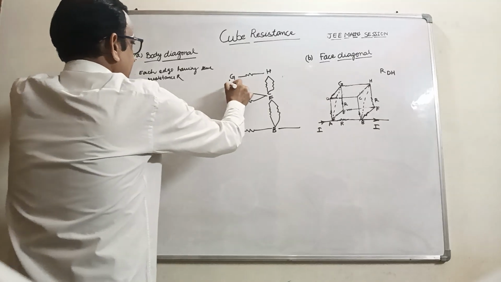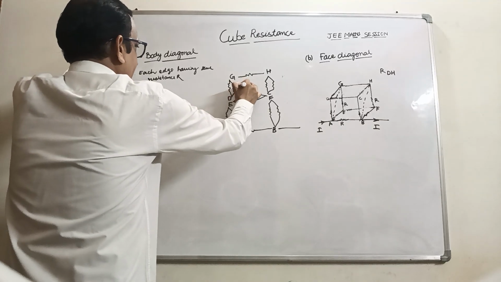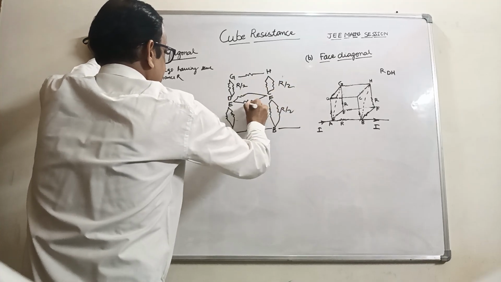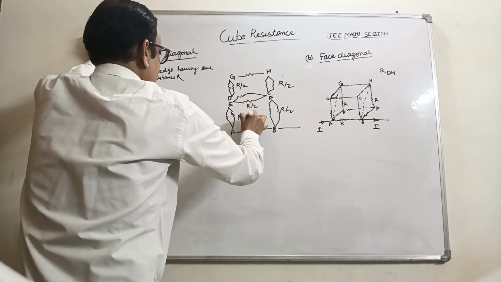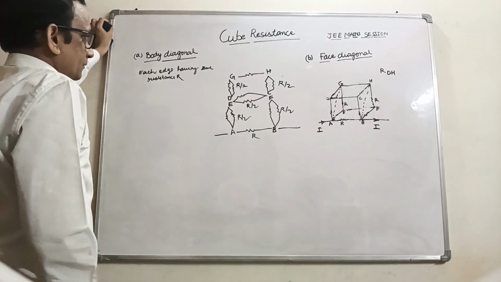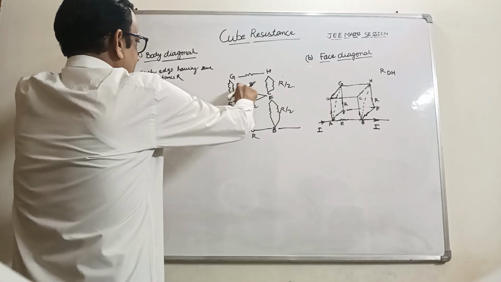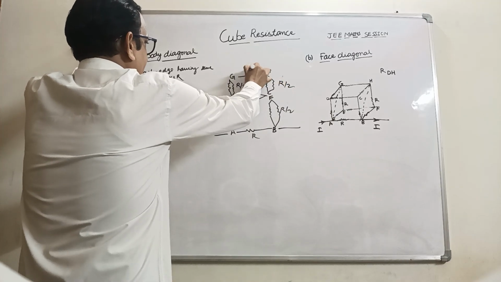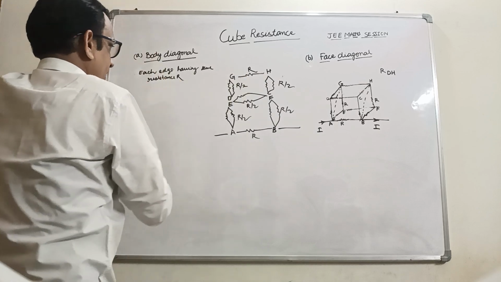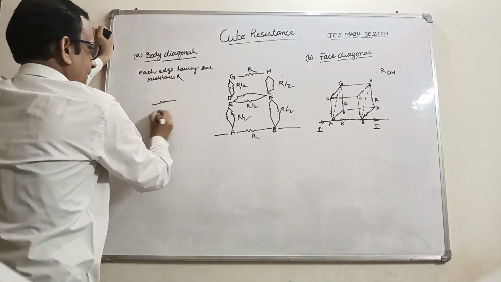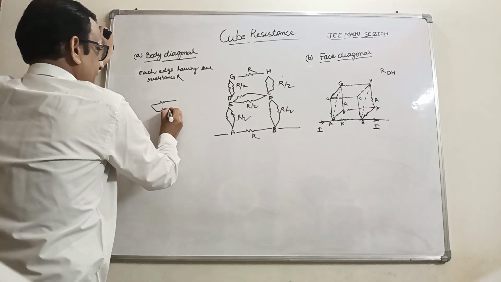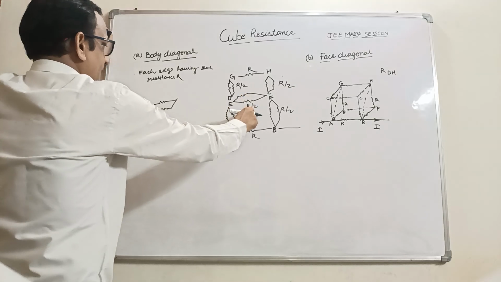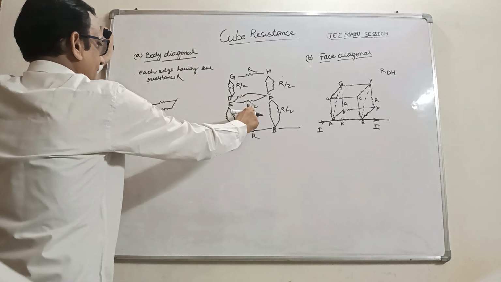These two R in parallel become R by 2, this also becomes R by 2, and so on, and this is R. Here these three are in series: R by 2, R by 2, and R. This becomes 2R, and this is R by 2. This and this become R by 2.